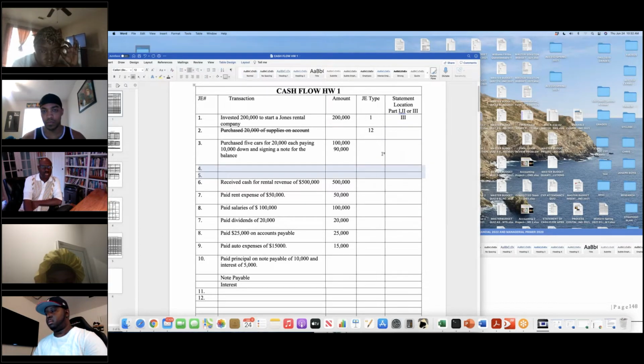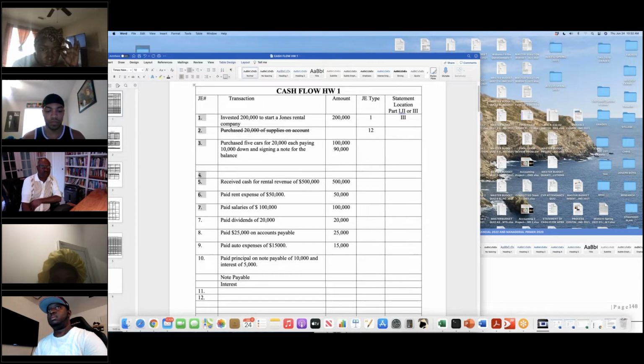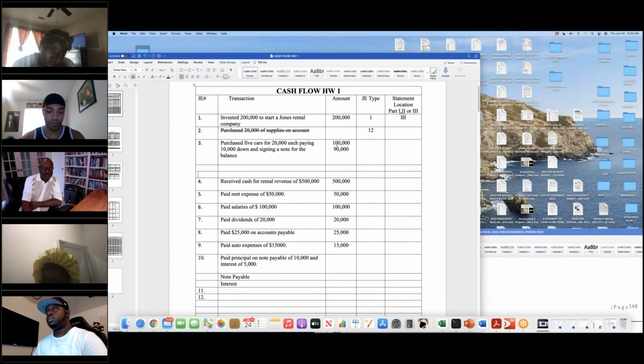So when we look at this one, we can break it down. We bought an asset, and the amount of the purchase was what? $100,000, right?